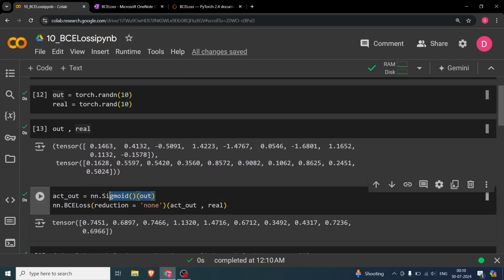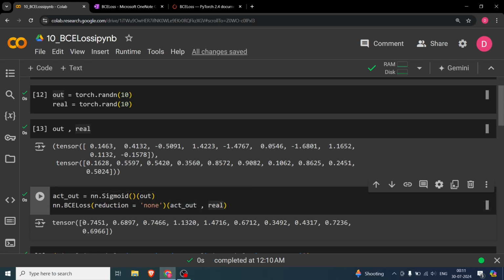After that you have applied the sigmoid, and then you have done reduction equal to none. You have passed the activated output, which is sigmoid of the output, the final output of the neural network, and the real values that had to be predicted, right?